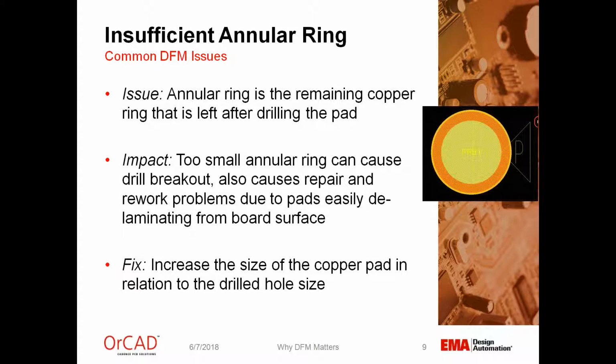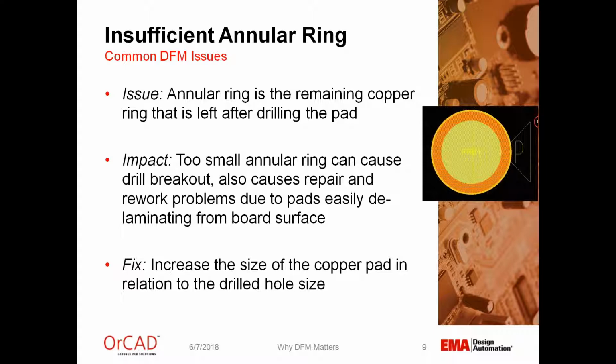The next one, this is another very common one, is insufficient annular ring. So an annular ring is the remaining copper that's left after drilling the pad. So what you see here in red, that's the actual copper pad. The gray center here is actually the drill that's going to go through that pad. And especially, we're using some very small vias in the industry today.